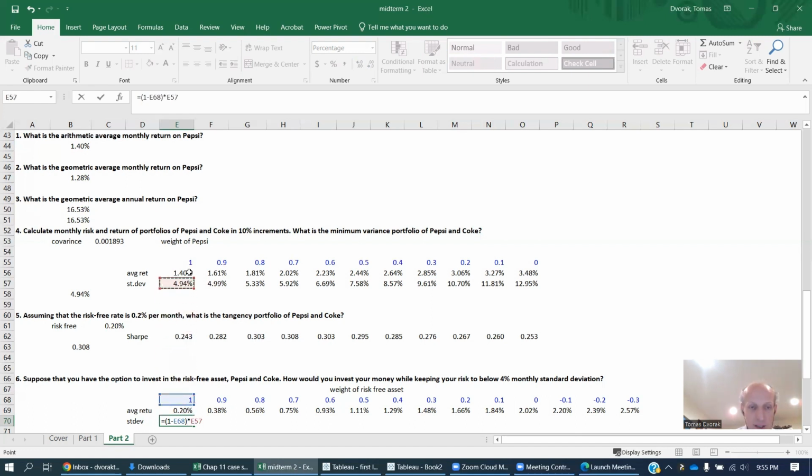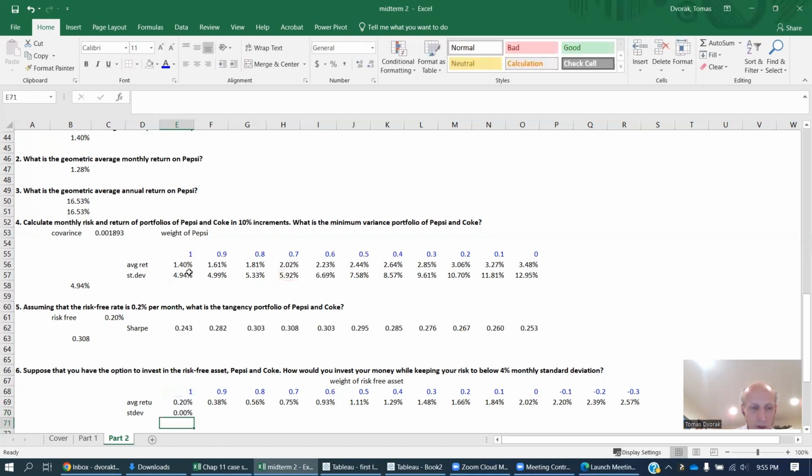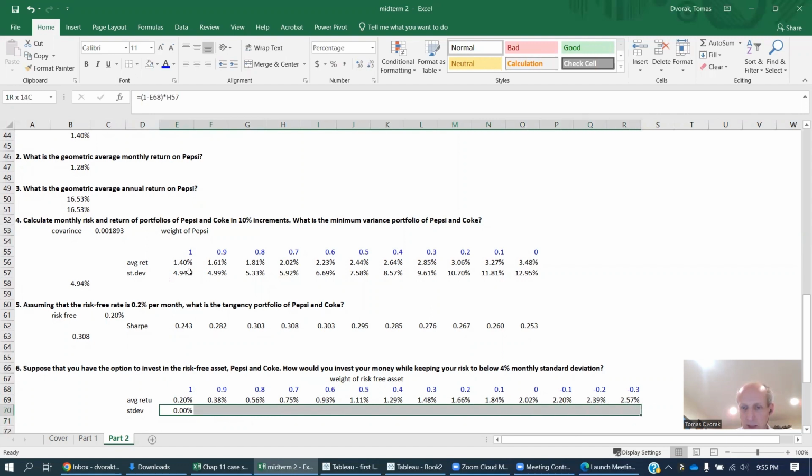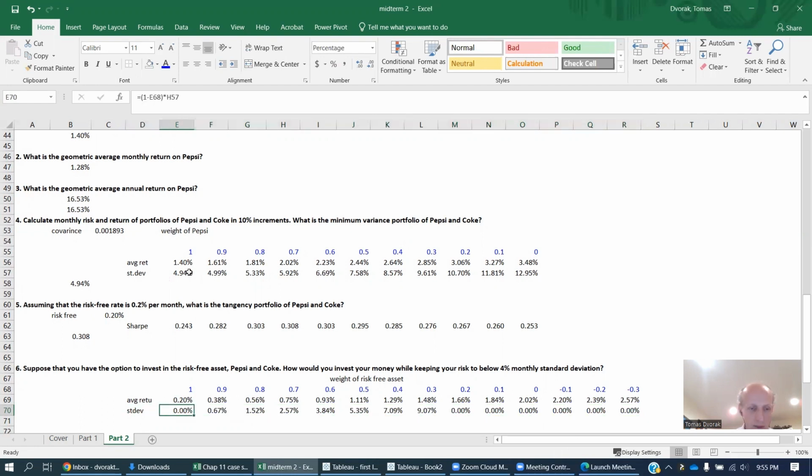If I just now make this the standard deviation of the tangency portfolio, it's going to give us 0 because there's no risk if I'm 100% in a risk-free asset. Controlling right that something is not right because I probably forgot to lock certain things.